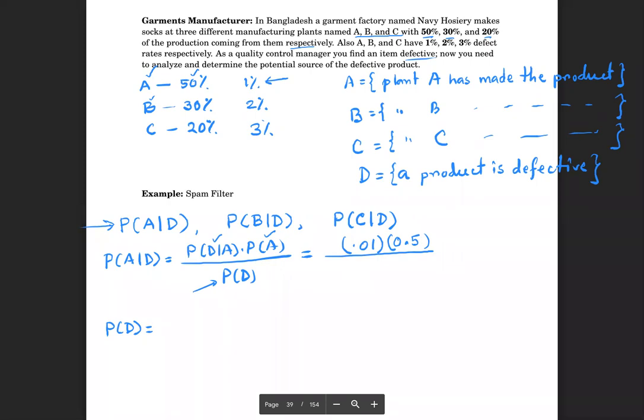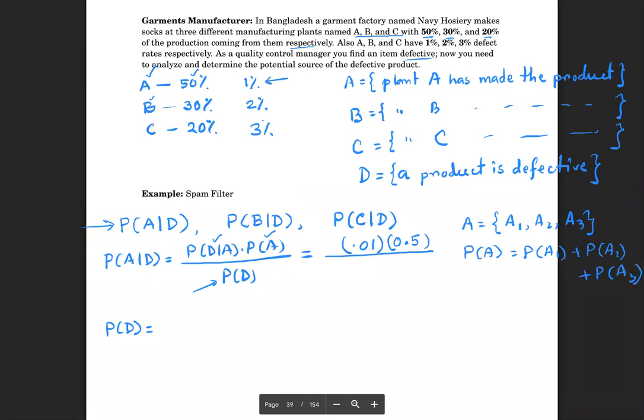Now here is a very good time for you to remember this characteristic of probability. If you have an event A, which is a collection of some events, let's say A1, A2, and A3, and they are mutually exclusive, or they are simple events, and they cannot happen at the same time, then the probability of A is the same as the probability of A1 plus probability of A2 plus probability of A3.